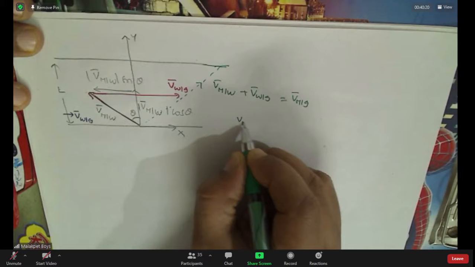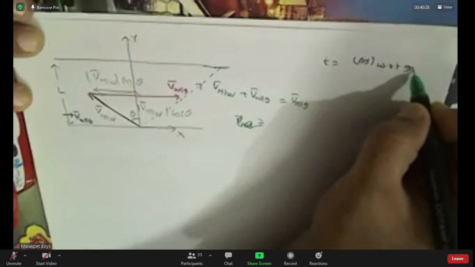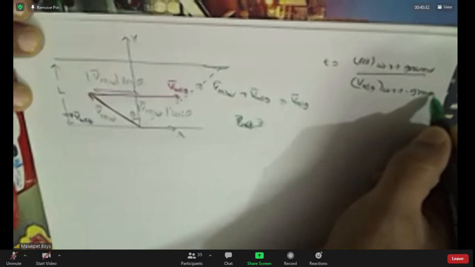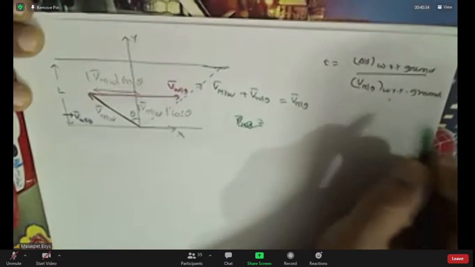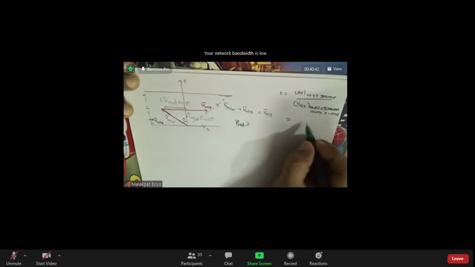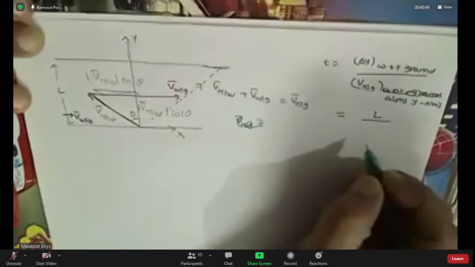That is delta y with respect to ground, along the y axis. So this is nothing but L, man with respect to ground along the y axis. What is the T you got?